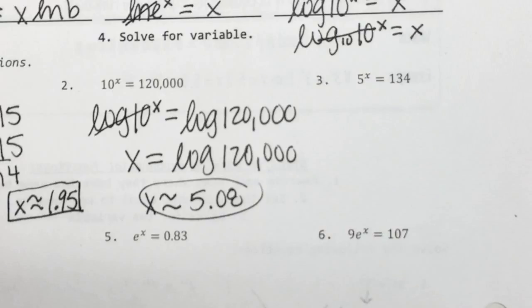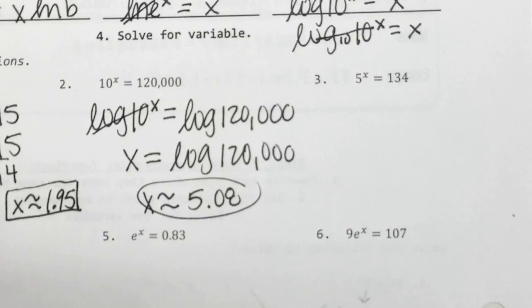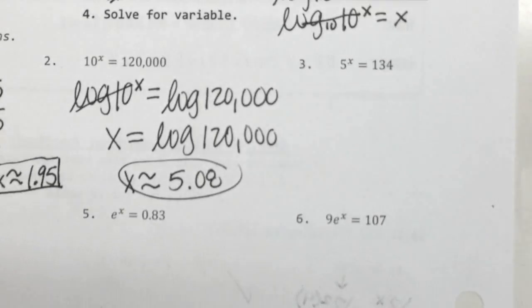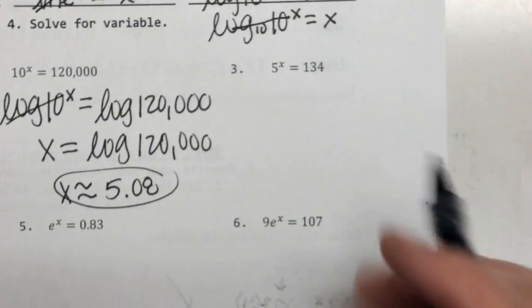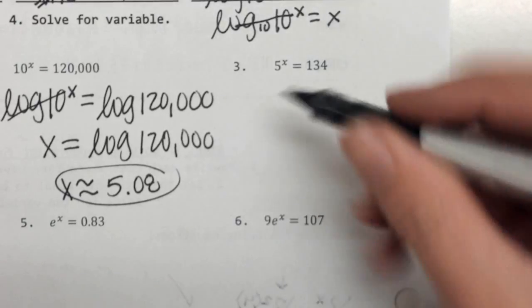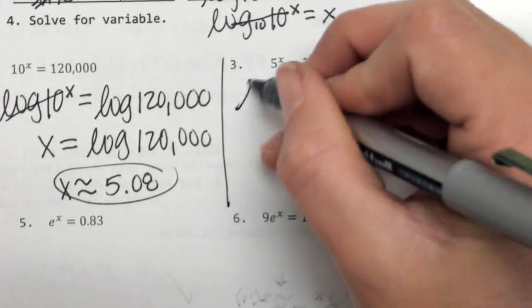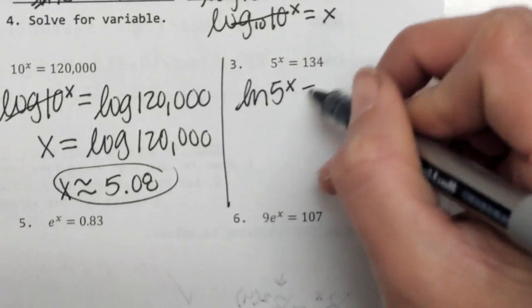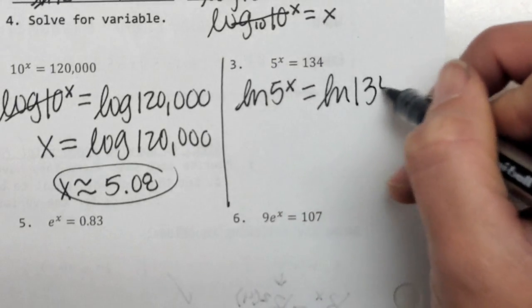We are going to do a few more together. Let's do 3 and 5. What about 8? Those are different. We haven't got to those yet. Alright, let's do 3 together. Does this have a base of 10? So we're going to start by taking what of each side? ln. So ln of 5 to the x equals ln of 134.